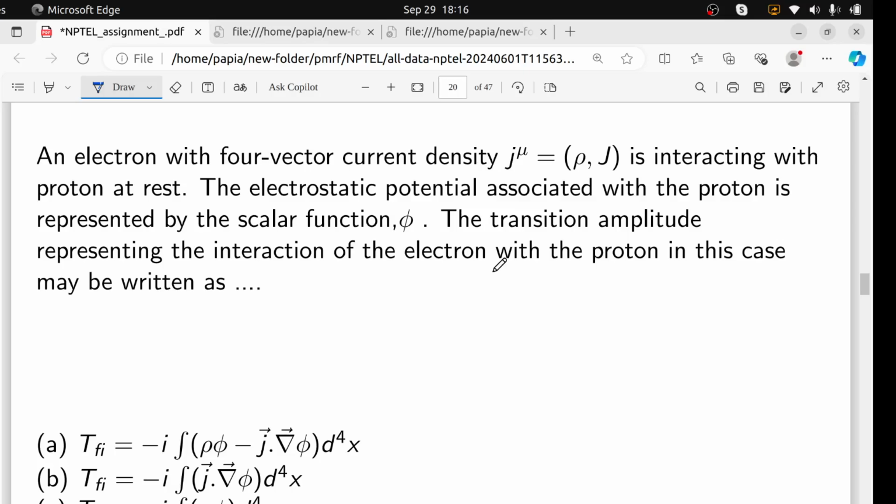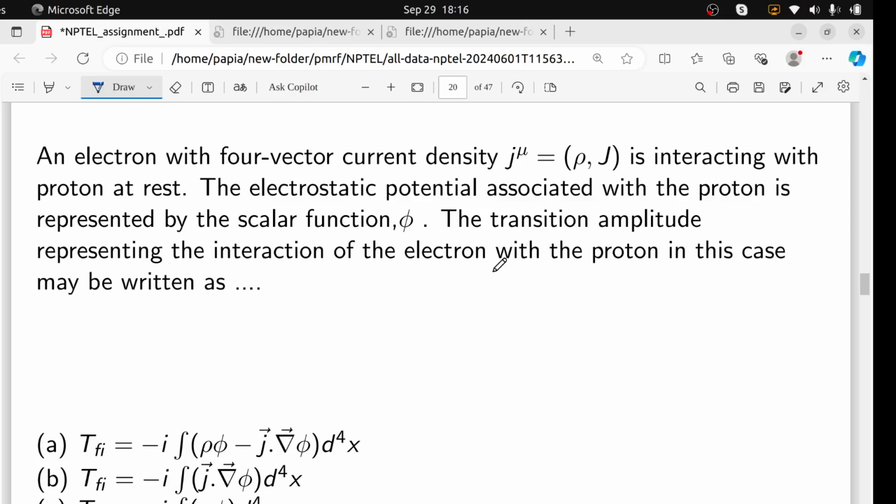An electron with 4 vector current density J mu, which is again written as rho and J, is interacting with a proton at rest. The electrostatic potential associated with the proton is represented by the scalar function phi. The transition amplitude representing the interaction of the electron with the proton in this case may be written as which one?